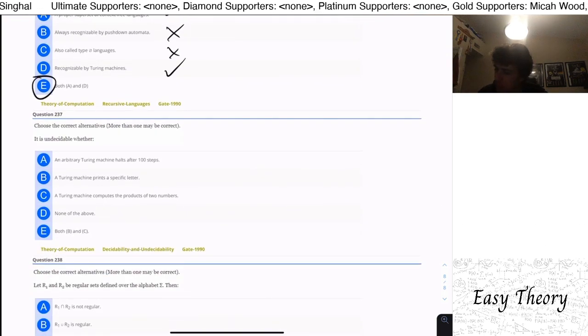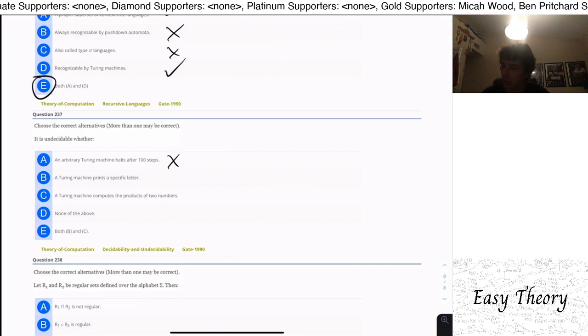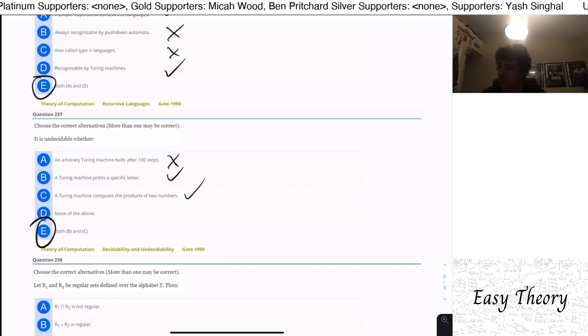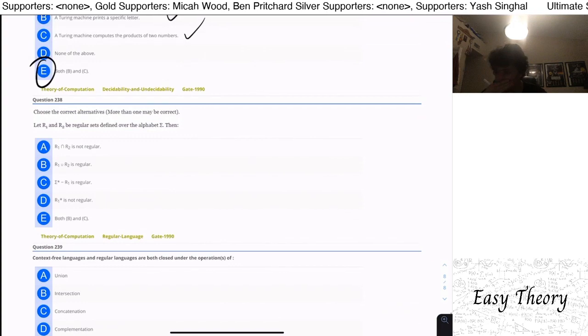It is undecidable whether our arbitrary machine halts after 100 steps. No. Turing machine prints a specific letter. Yeah, that's undecidable. You can use the halting problem for that. A Turing machine computes the products of 2 numbers. Yeah, that's just deciding the behavior of it. So it's B and C again. Not again, it's the bottom answer again.